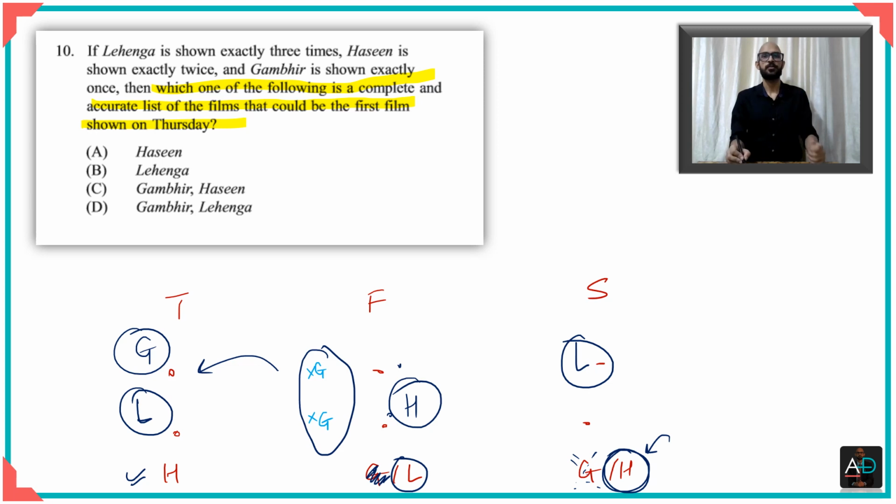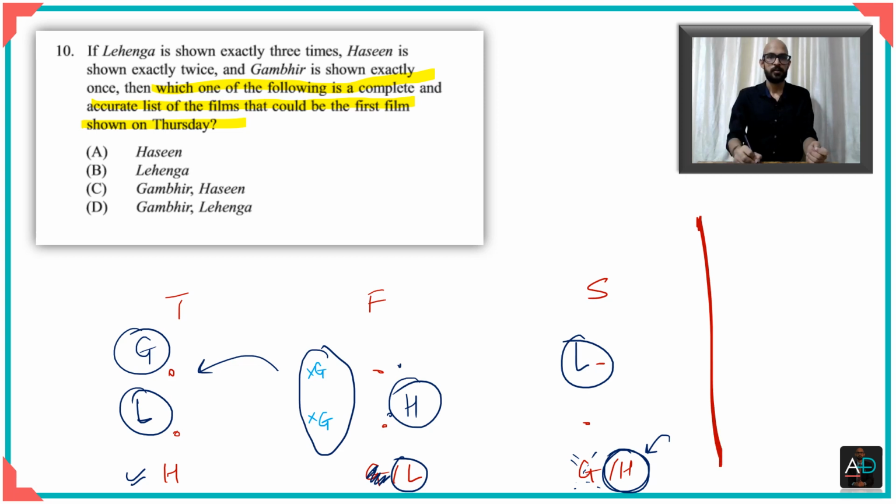Now what is the meaning of this? Your question is asking you as to which of the following is a complete and accurate list of the films that could be the first film on Thursday. So let us say you have this slot here, the slot on Thursday. All right, so let's write it again here.